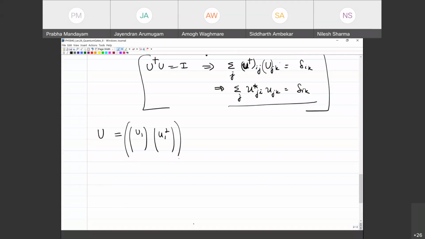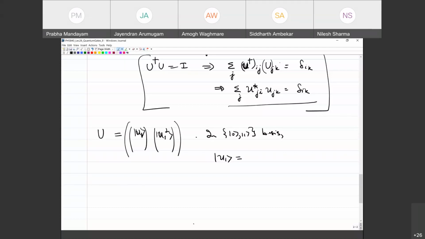So in the standard basis, we can write this ket U1. So this is ket U1 for me. This is the first column. This is the second column. The second column has to be something which is perpendicular to the first column if it is to be a unitary matrix, right? So this is basically a normalized vector, and we very well know how to write normalized vectors in the 0, 1 basis.